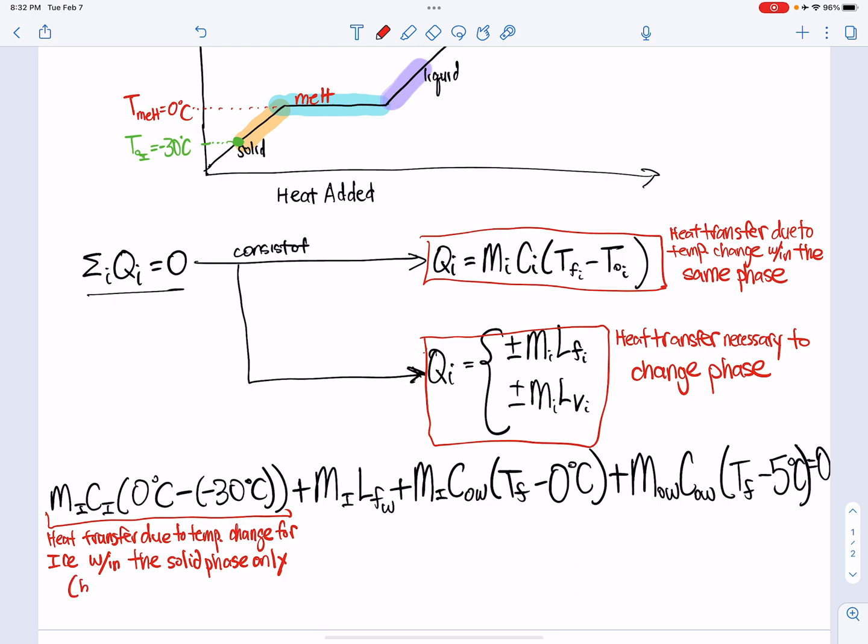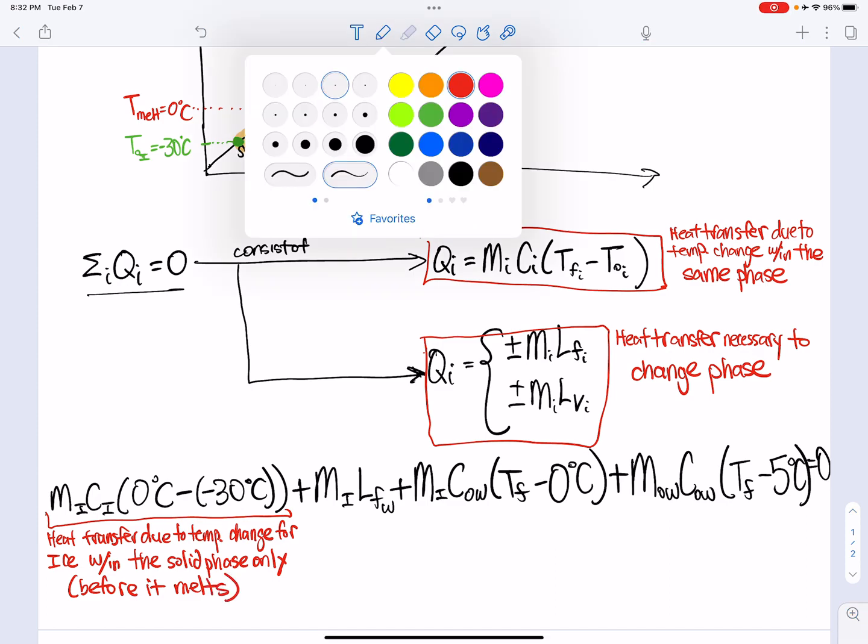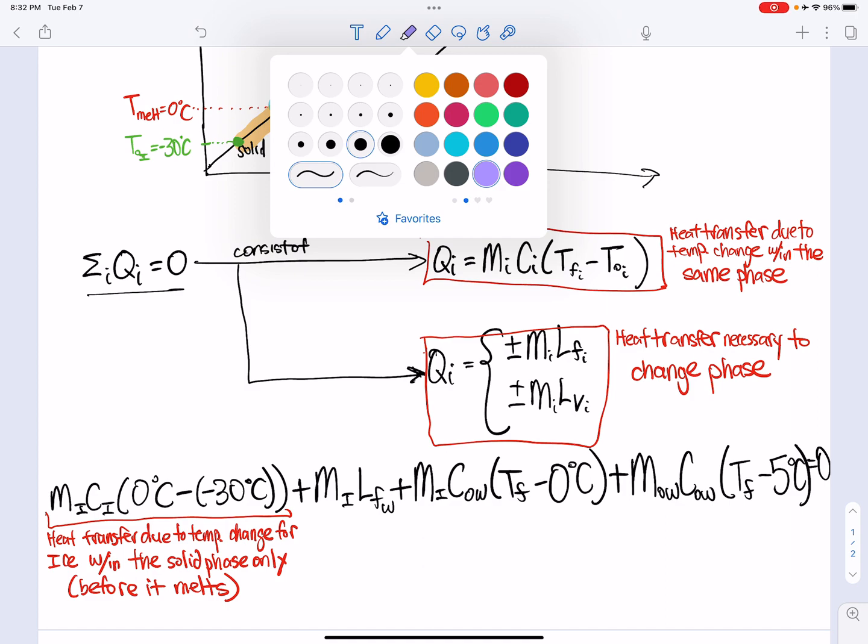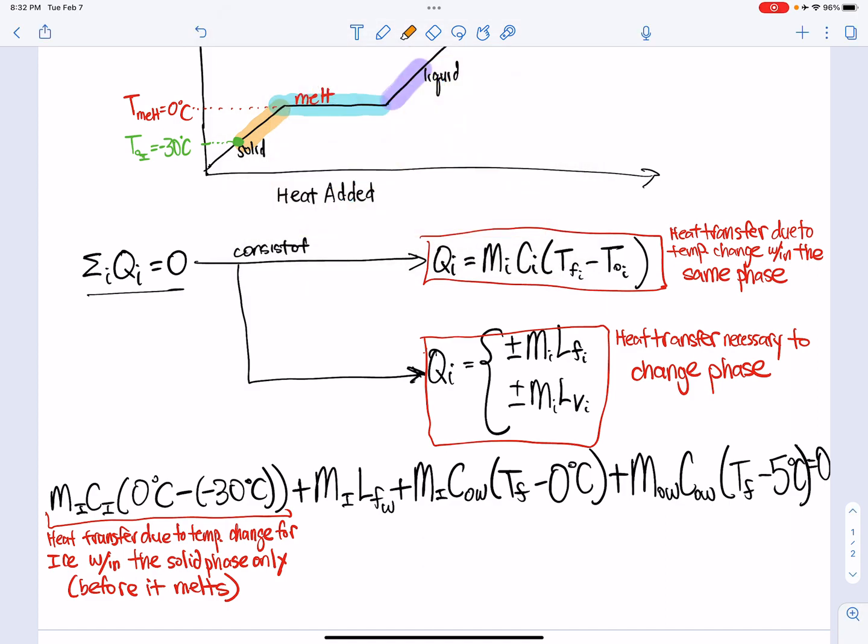Before it melts, basically. Okay? And I'll try to use the same highlighter color. I think I used orange. Is that orange? Yeah, that is orange. So this part is for this part right here. That's heat transfer due to temperature change for ice before it melts, when it's still in the solid region, okay?